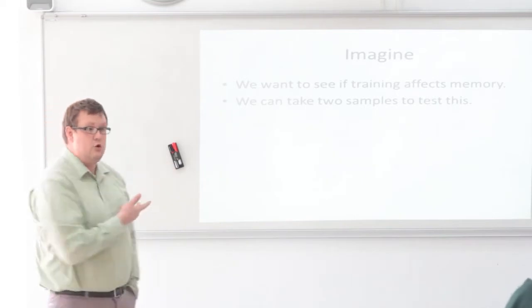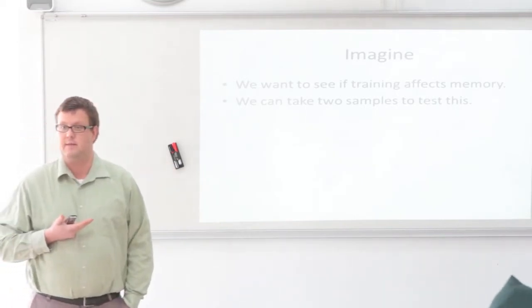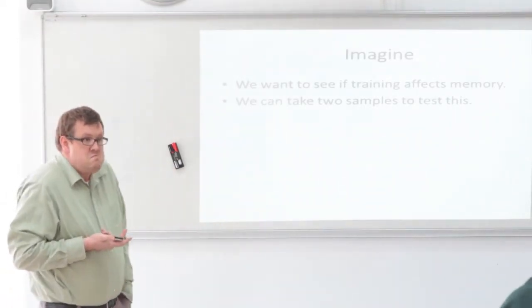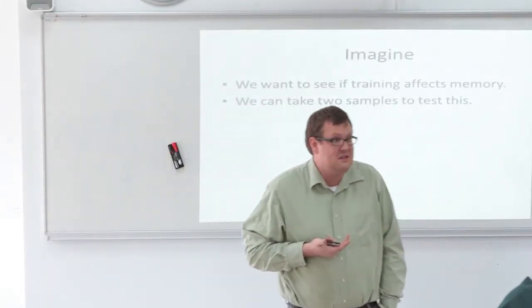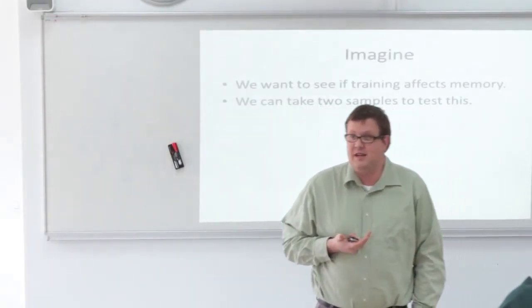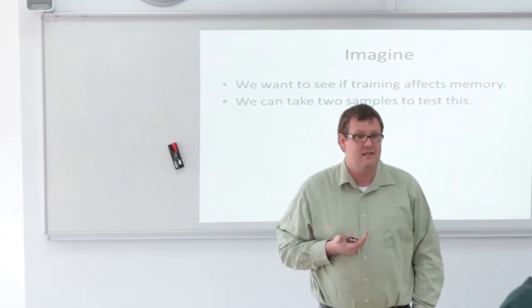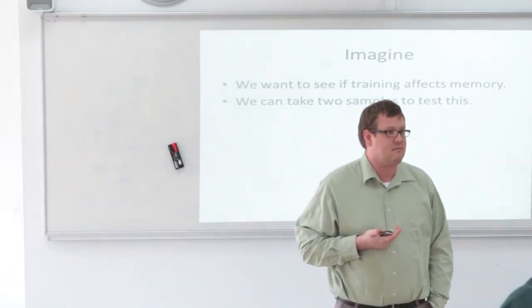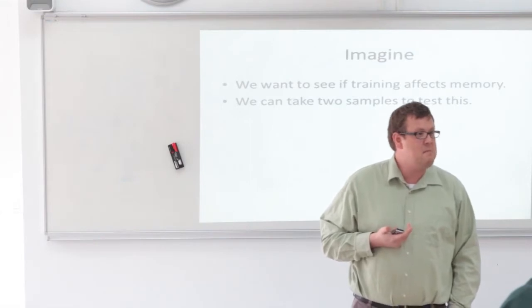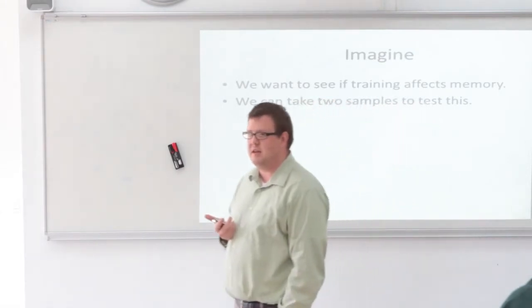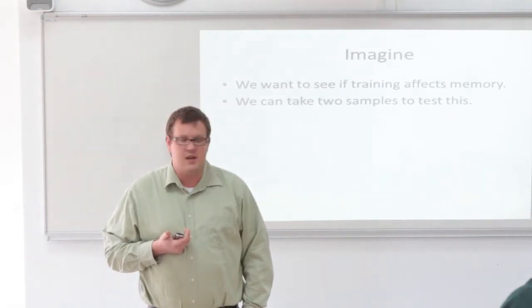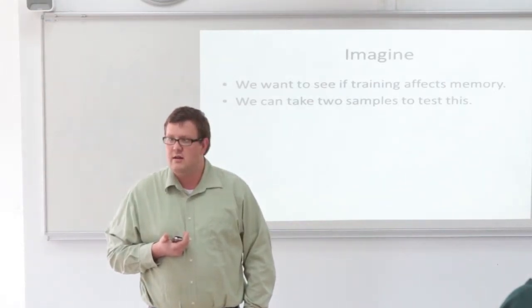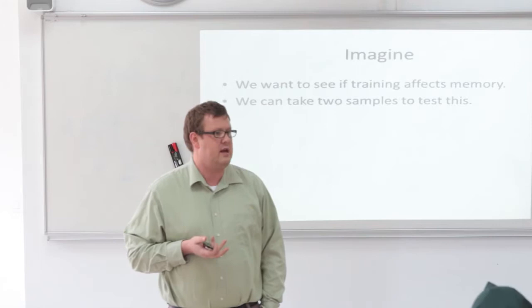Now, we can take two samples to test this, right? Can we test this with one sample? This isn't a methods class, but in intro we talked a little bit about methods. We talked about experimental and control groups, right? You need something to compare it against.